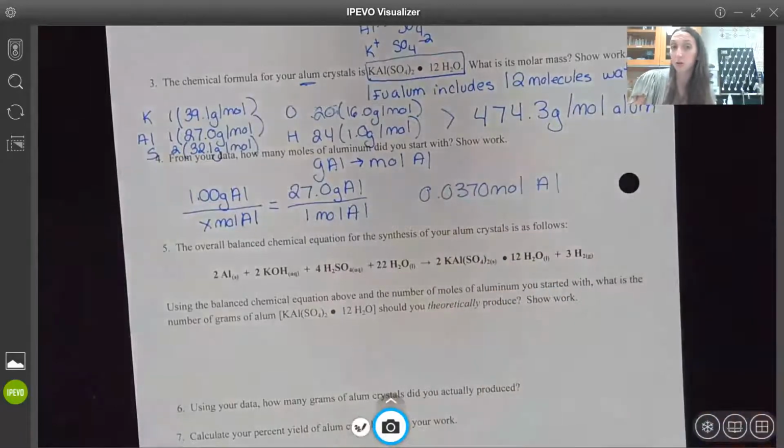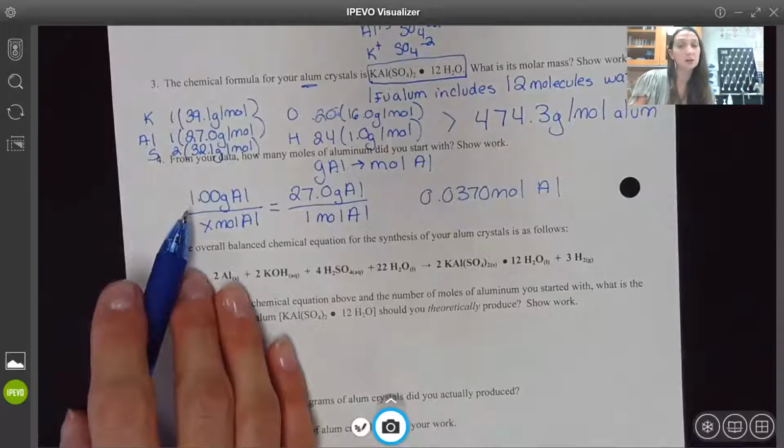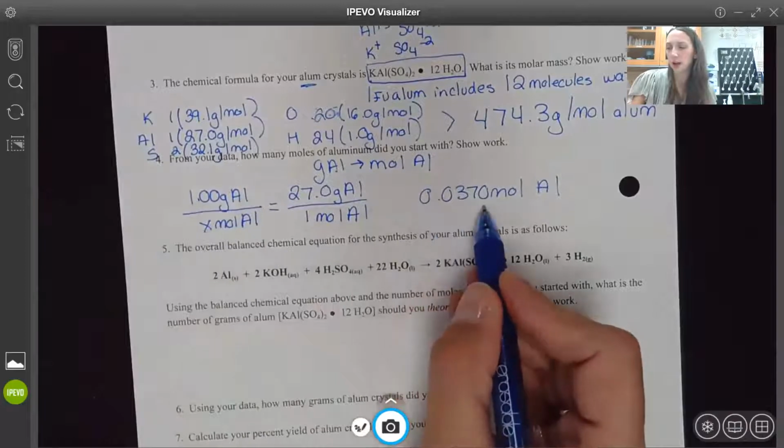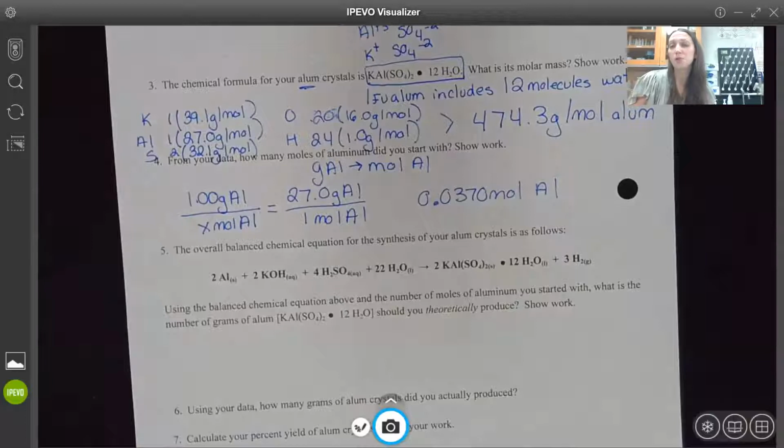And I want to make sure I have 3 sig figs because my balance gave me 3 sig figs. Better balance, more sig figs. But our balances only gave me 3. So leading zeros don't count, trailing zeros count when there's a decimal, which there is. So your number should be in the range of 0.0370 moles of aluminum.